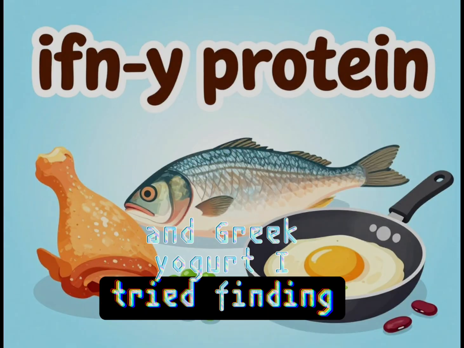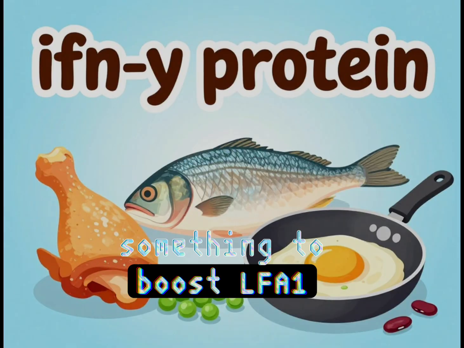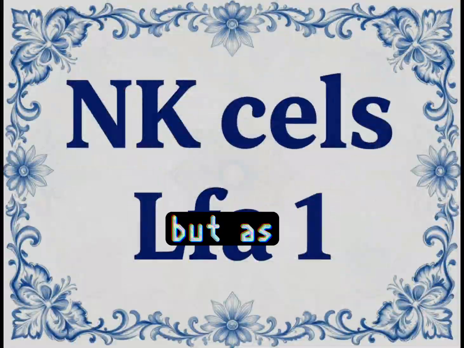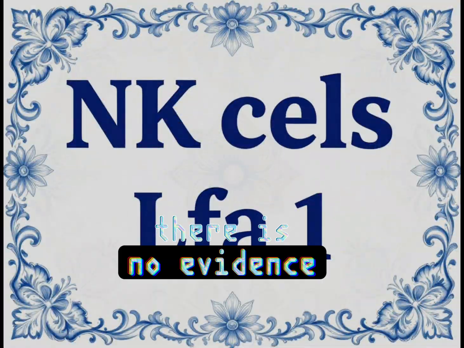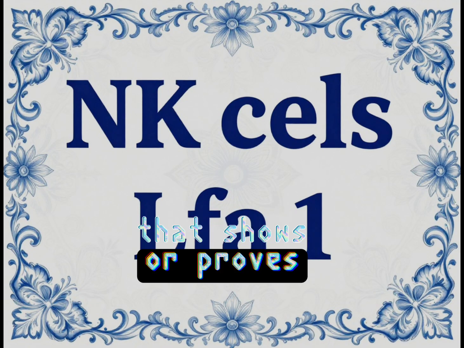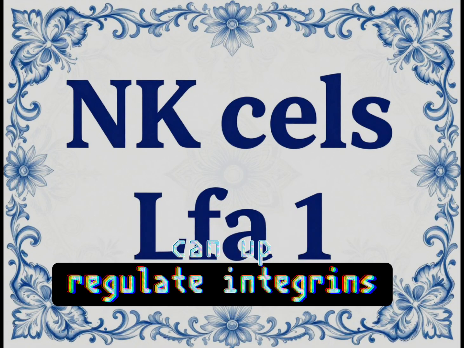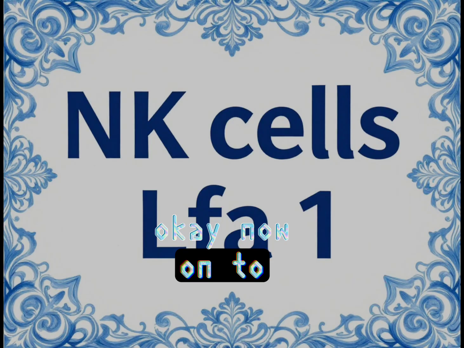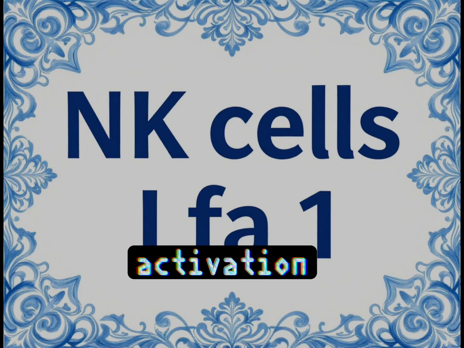I tried finding something to boost LFA1, which is the integrin that binds onto the VCAM and ICAM1, but as of up to date, there is no evidence that shows or proves that foods can upregulate integrins or LFA1 on NK cells or T cells.